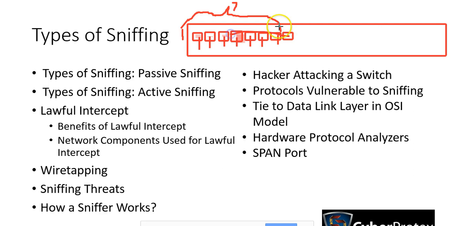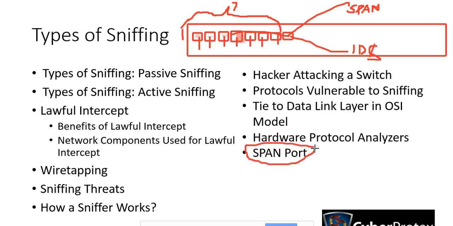So 1 through 7 here would then come over to 8, and this would be called the span port because it spans all the different ports that are currently plugged in, and it's a monitoring port that becomes available. And usually what we do in the span port is we hook in an intrusion detection system. So that's where an IDS would be right here on the span port.